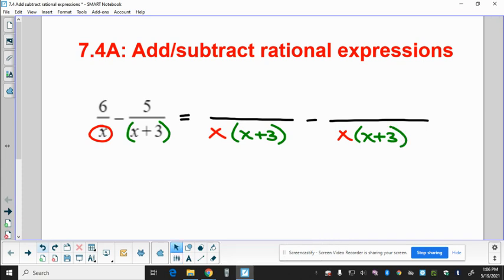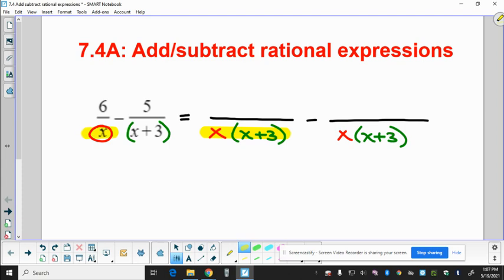All right, now, the way this works is you have to compare the old denominator to the new to determine what the new numerator is going to be. So let's go ahead and do that. So let's look at this denominator and let's compare it to this denominator.